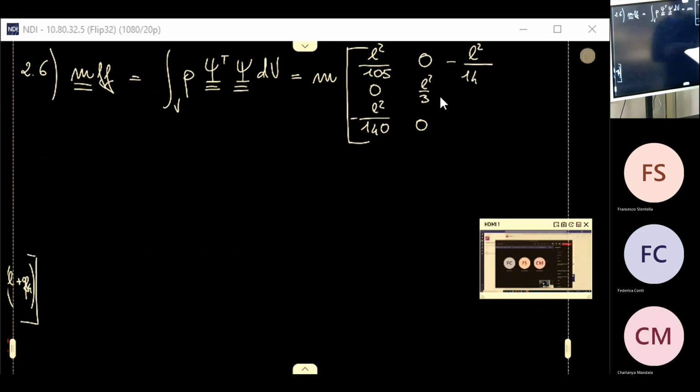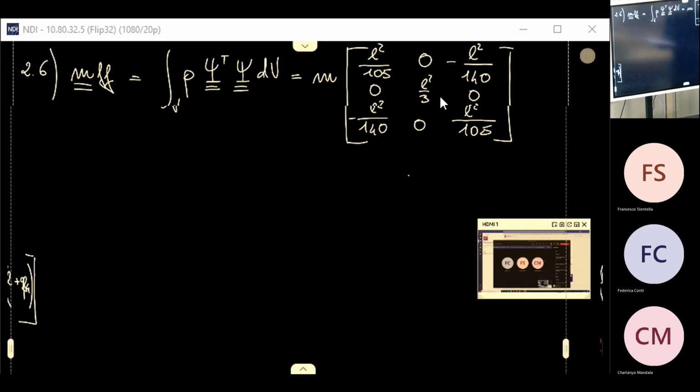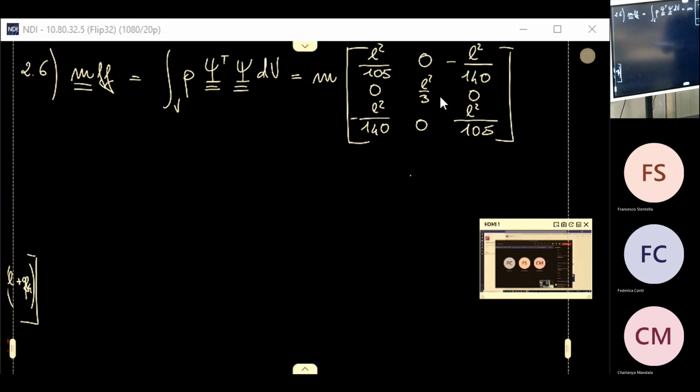And of course, this is symmetric. Okay, as you can see, and as we have already anticipated in the theory, this is a constant matrix.